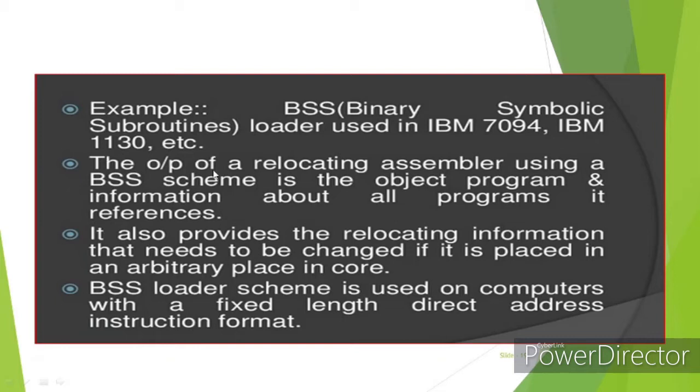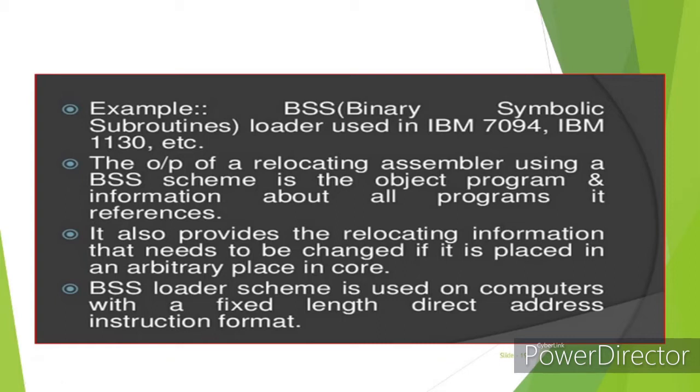The output of the relocating assembler using the BSS scheme is the object program and information about all the programs it references. It also provides the relocation information that needs to be changed if it is placed in arbitrary places in the main memory.